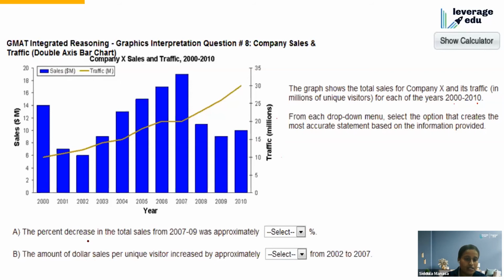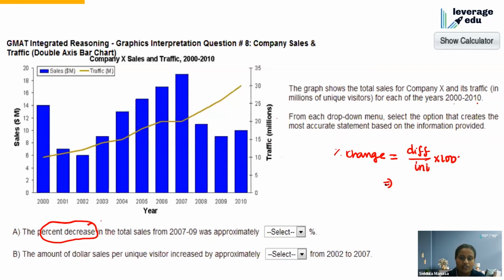What is it? The first one says the percent decrease in the total sales from 2007 to 2009 was approximately how much? So the trigger over here is percentage decrease. This is one calculation involved here. So basically, whatever it is, percent change, might be percent increase, percent decrease, how do we calculate? We first find out the difference divided by the initial value, into 100.